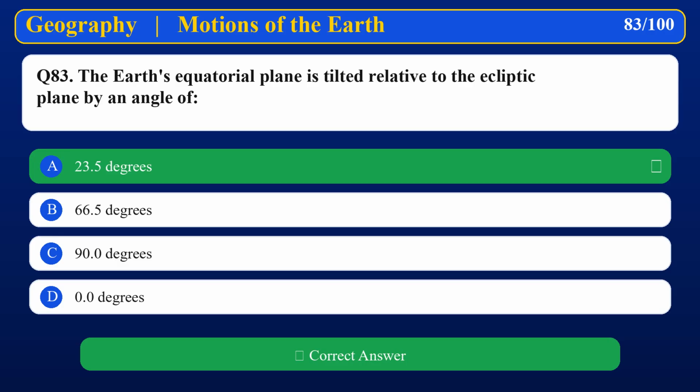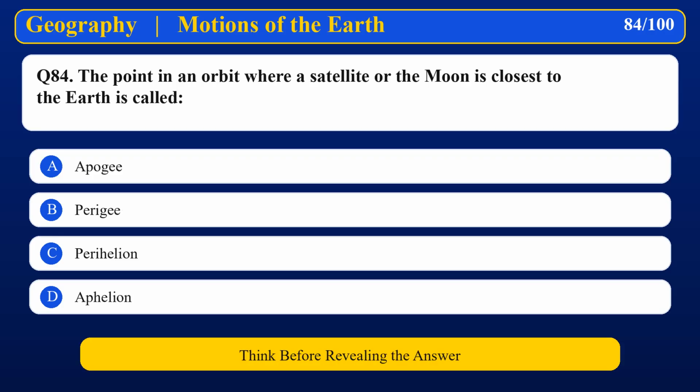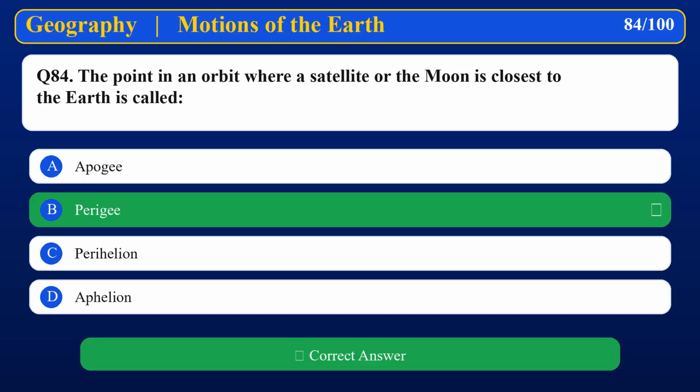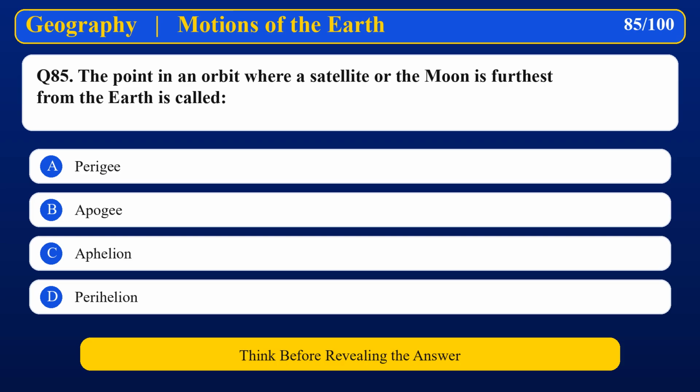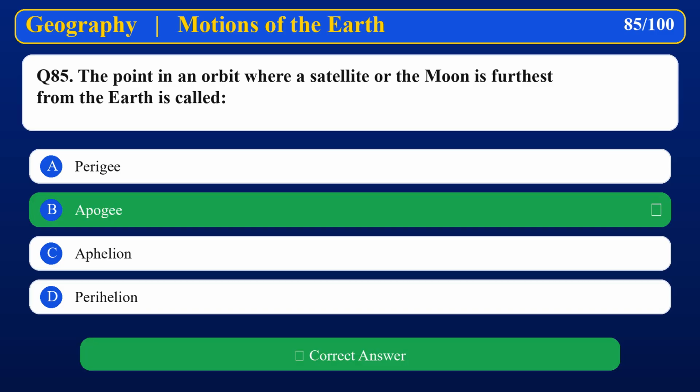The Earth's equatorial plane is tilted relative to the ecliptic plane by an angle of 23.5 degrees. The point in an orbit where a satellite or the moon is closest to the Earth is called perigee. The point in an orbit where a satellite or the moon is furthest from the Earth is called apogee.